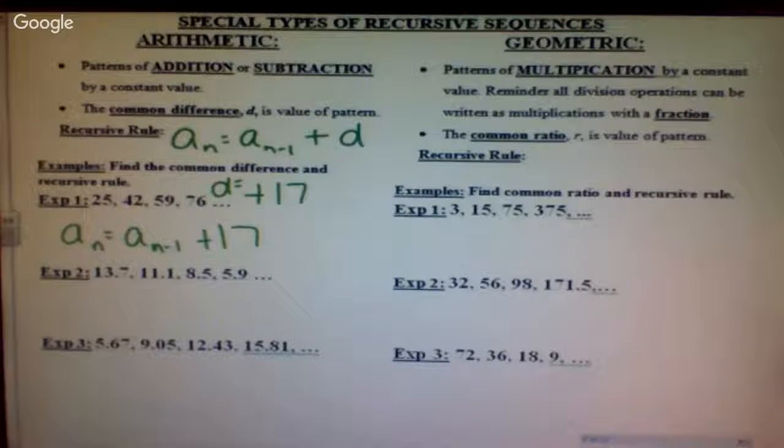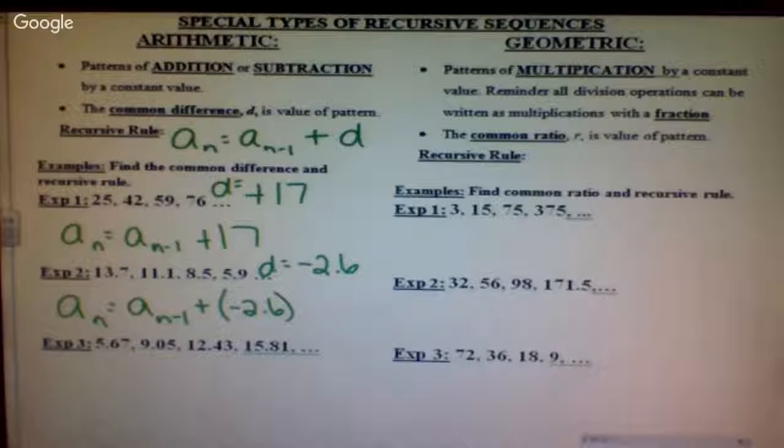So, example number 2, what's happening? We'll subtract 2.6, so -2.6. Technically, this should be written A sub n minus 1, and you can either write this as plus -2.6, or I will even take it as minus 2.6.